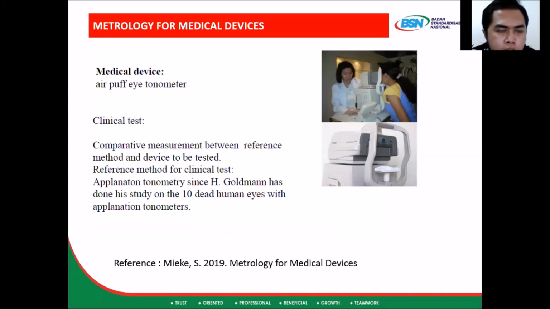And there is also a medical device, the air-puff eye tonometer. The clinical test is the comparative measurement between the reference method and the device to be used. The reference method for the clinical test itself is applanation tonometry, since H. Goldmann did his study on 10 dead human eyes with applanation tonometers.